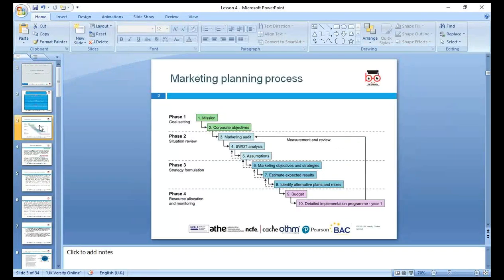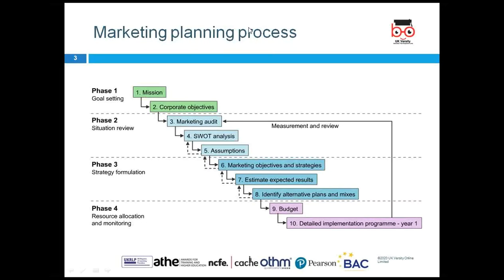So first we'll discuss how the planning process works. Planning starts with the mission. Any plan you make, either the marketing plan or the business plan, you set the mission, what you really want to achieve. You set your corporate objective, what you want to achieve as an organization.